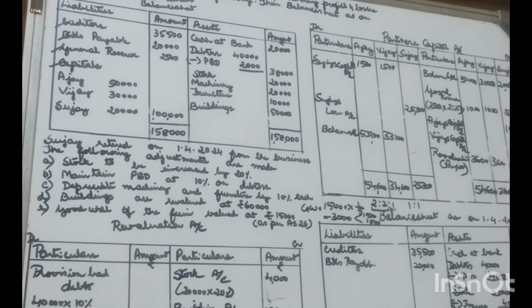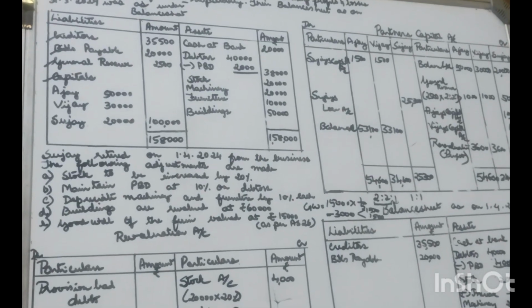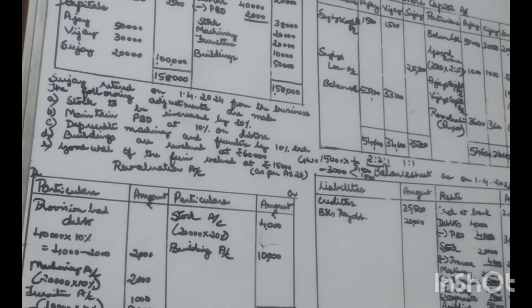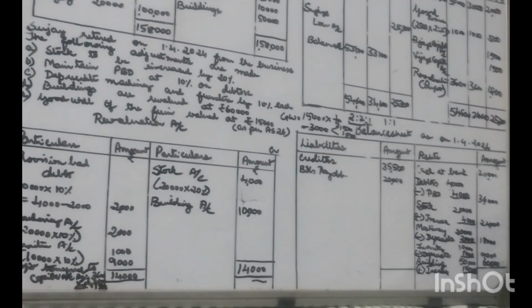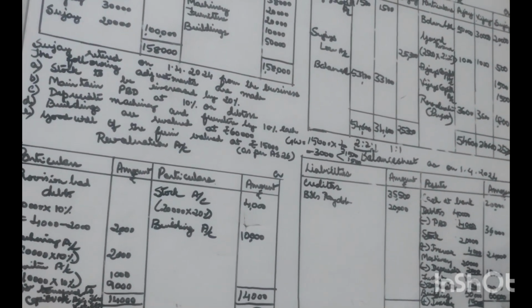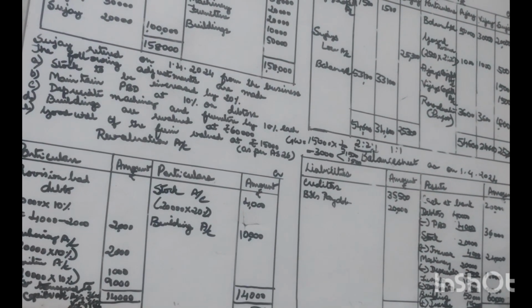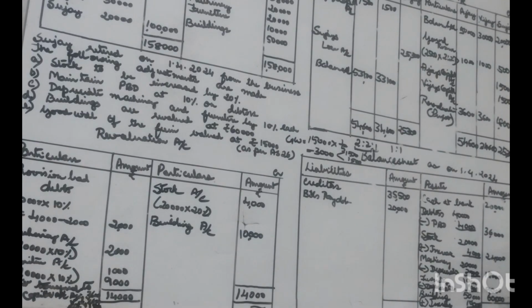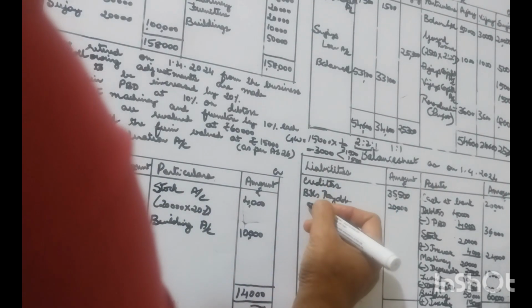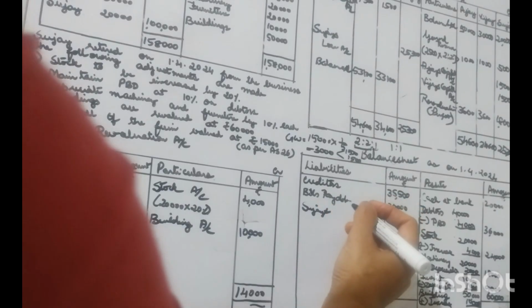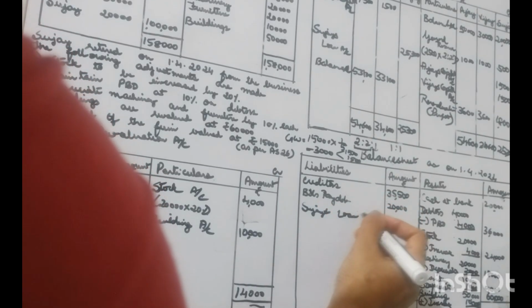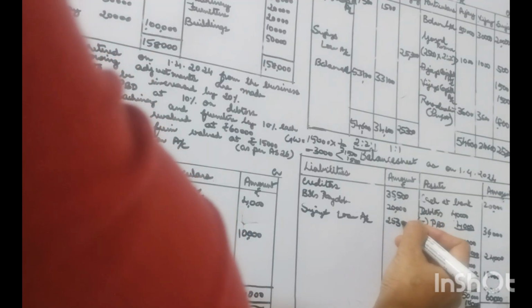As this amount is not being settled, it is a liability for the firm, so it appears under the liability side of the balance sheet, because the amount is still not paid to the retiring partner. So it has to be recorded under the liability side as 25,300.